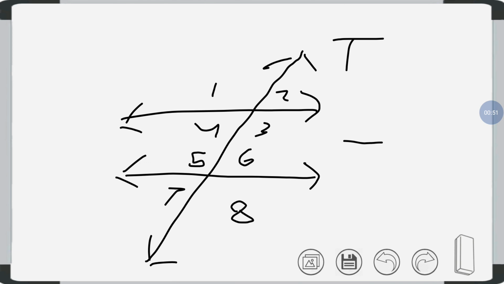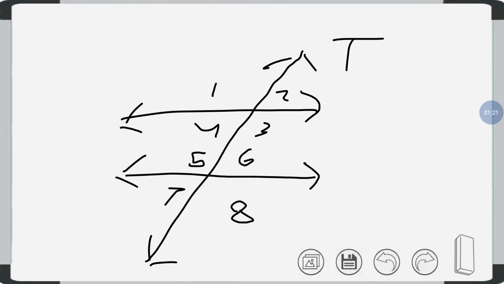So the interior is over here, between these two intersected lines, while the exterior is over here, outside the lines. The interior is inside the intersected lines, while the exterior is outside the intersected lines.